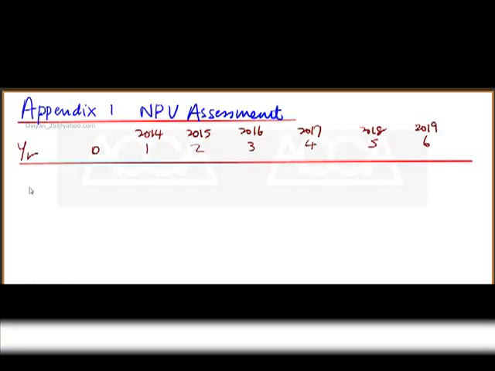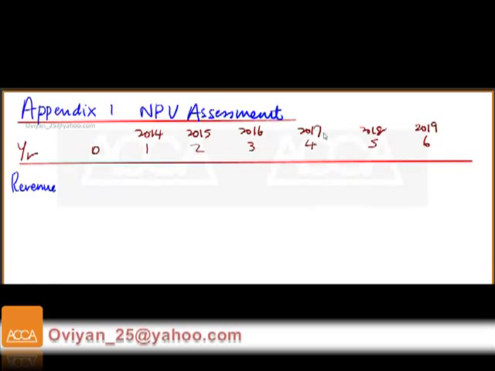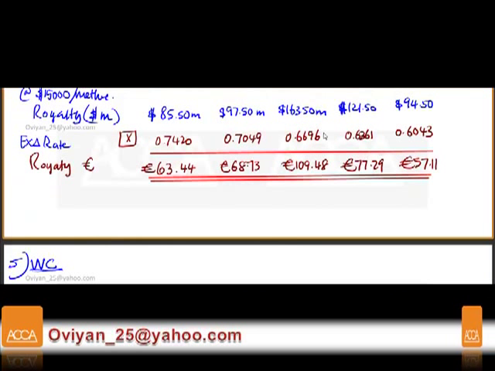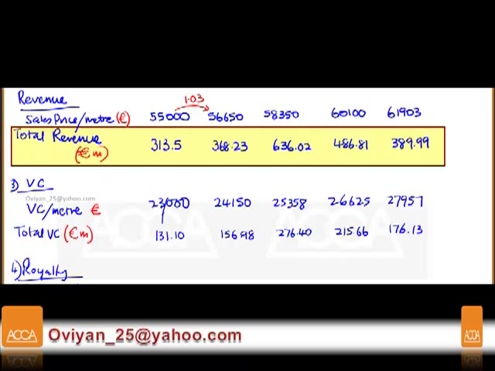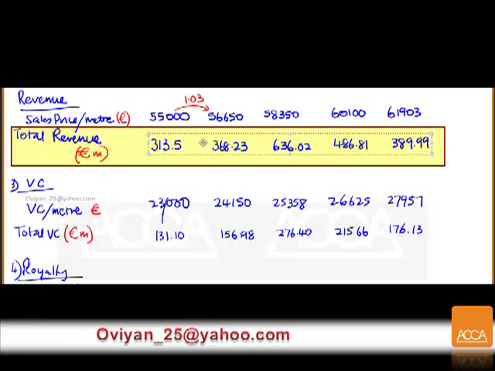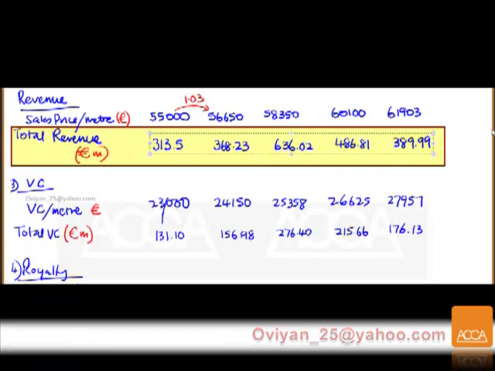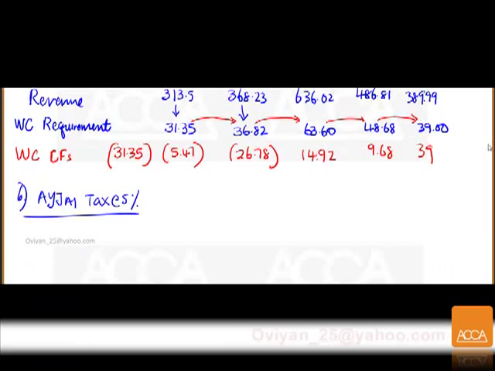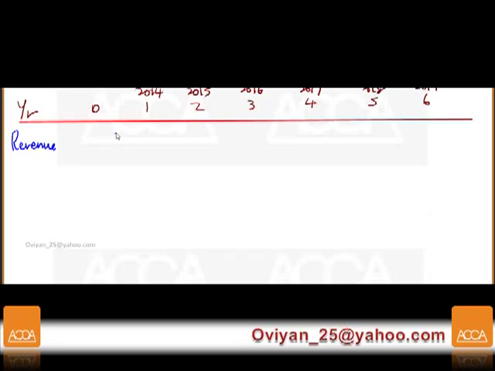So we're going to copy our revenue figure here. You have it up there. We're going to just copy them here. Let me use my technology to copy these figures into here.